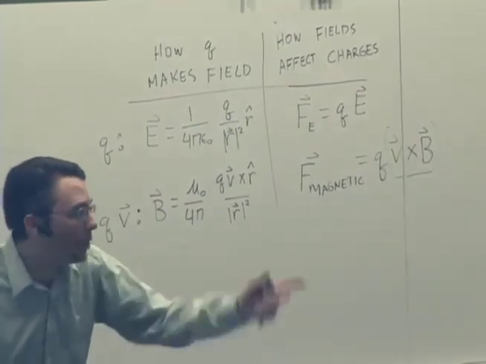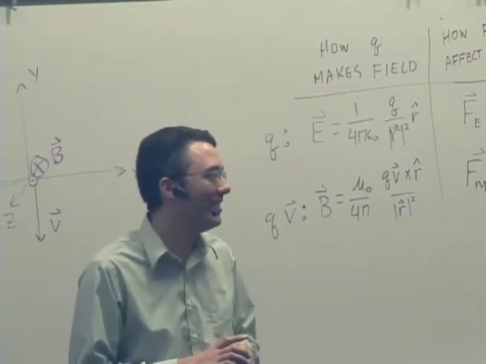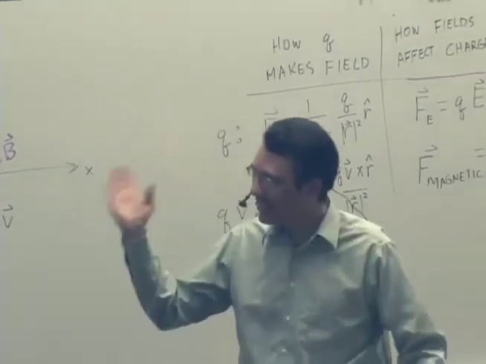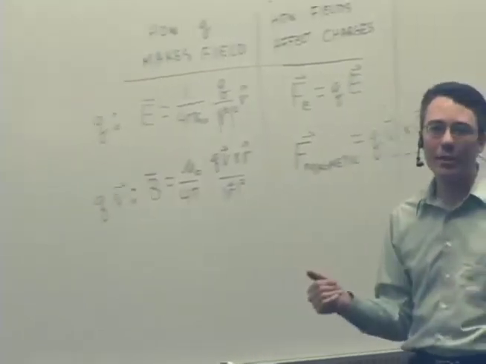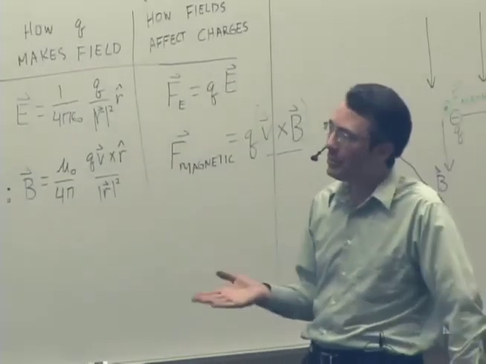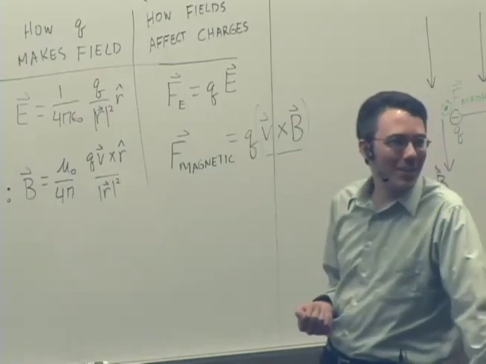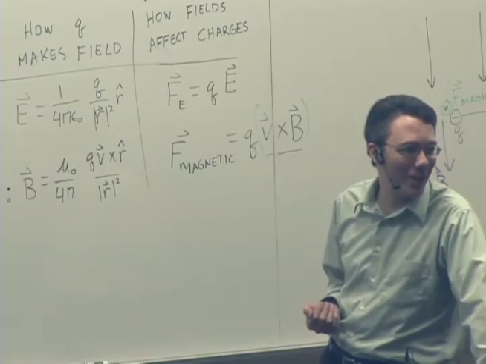Yeah, question. If you can remember that, go right ahead. Sure, it would work because you're doing the sign flip. If you want to keep an extra step in your head of remembering what hand to use depending on the charge, feel free.